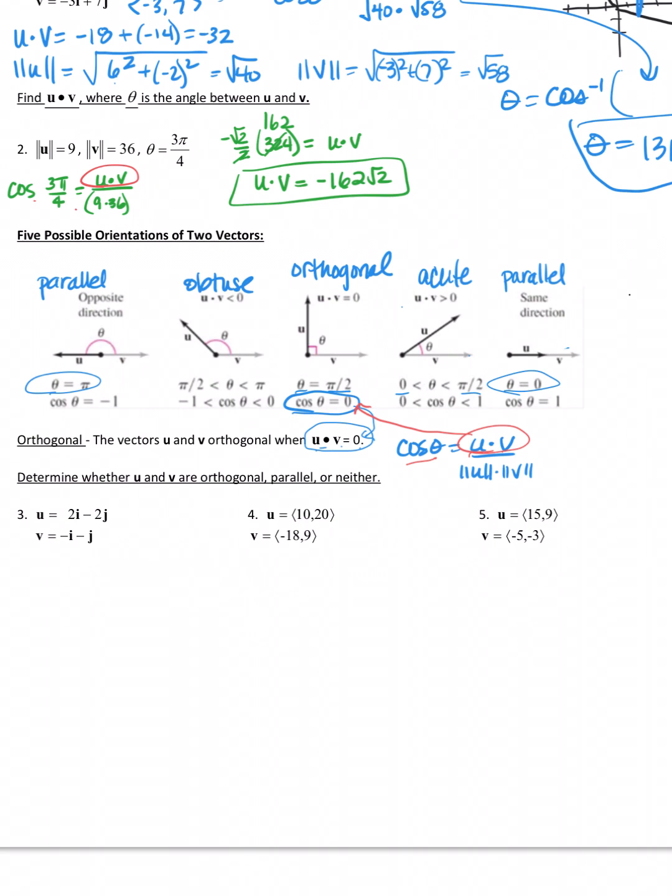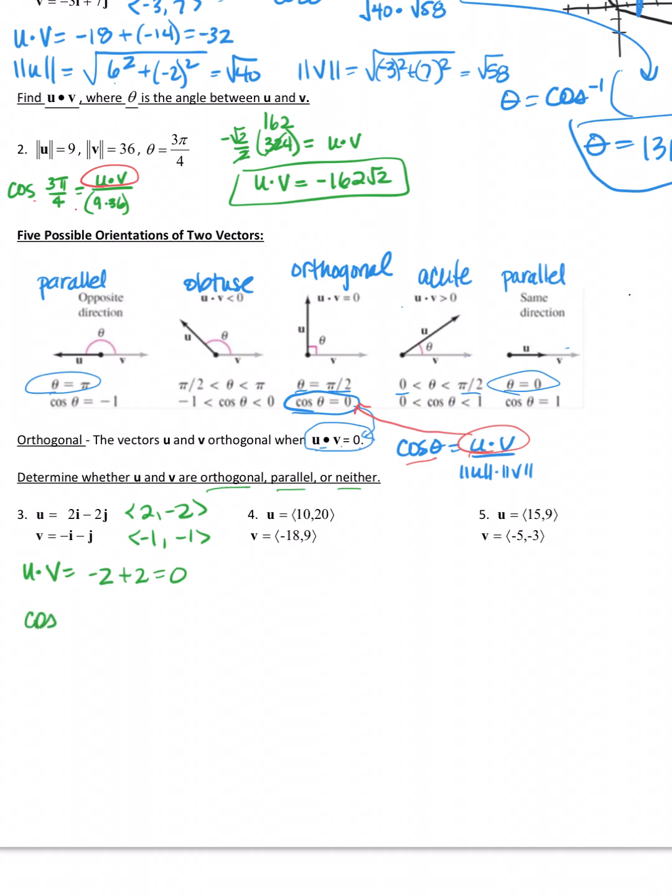Now let's try these last 3. Determine whether u and v are orthogonal, parallel, or neither. Okay, so let's start with the dot product. That seems to be the indicator, right? So I have 2 times -2, which is -4, plus -2 times -1 is 2, so that gives me 0.